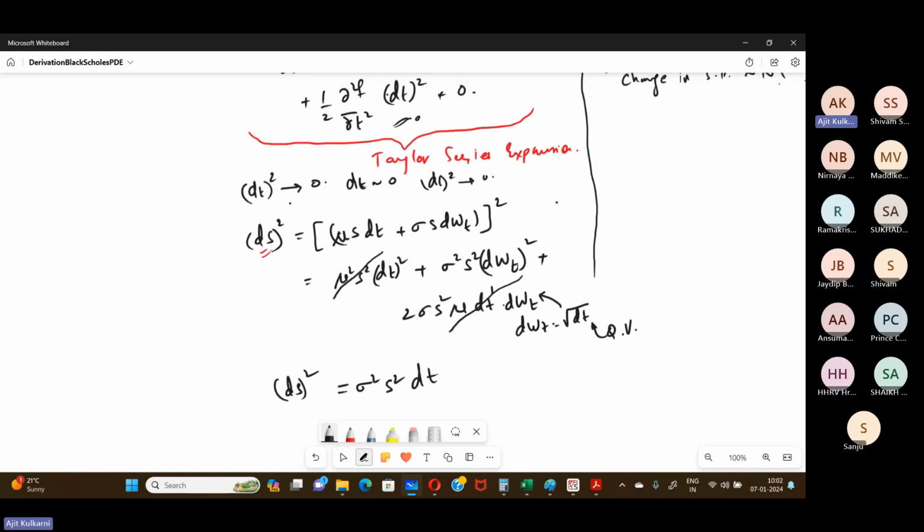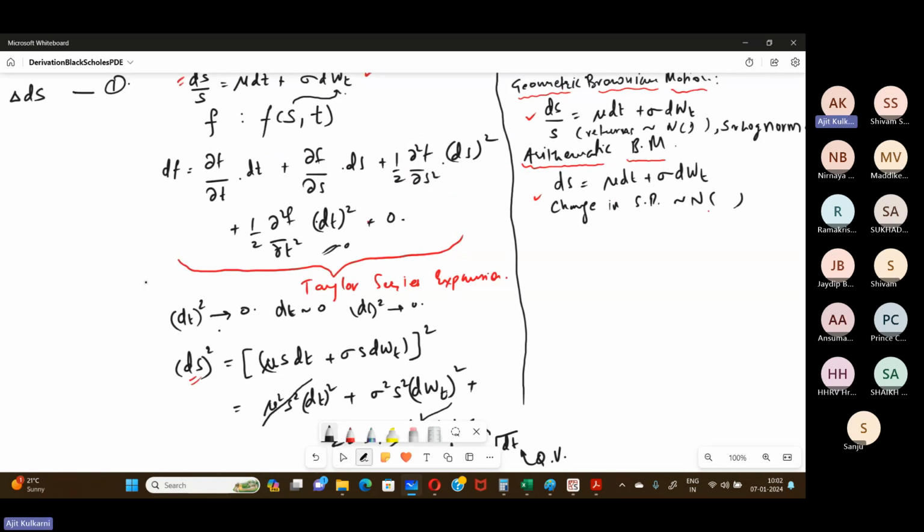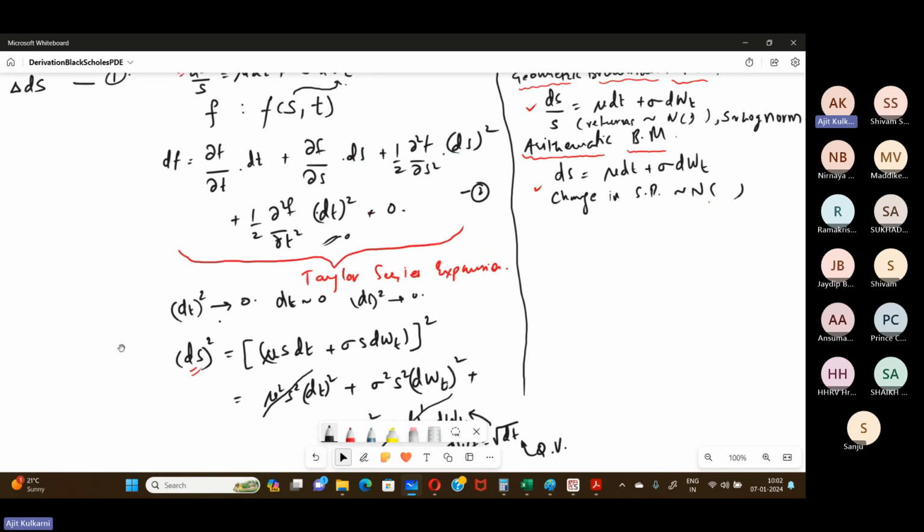So we have established ds square, let us say equation 3. Then we have df, which is the expansion, equation 2. Now we have this and we can substitute directly.